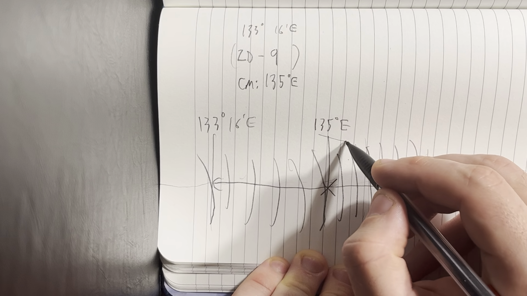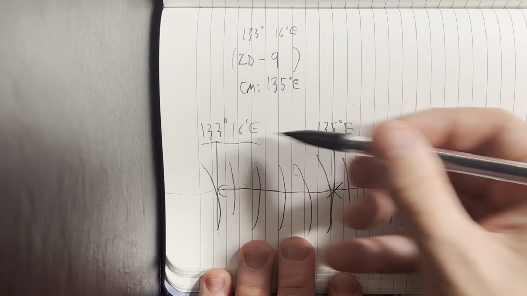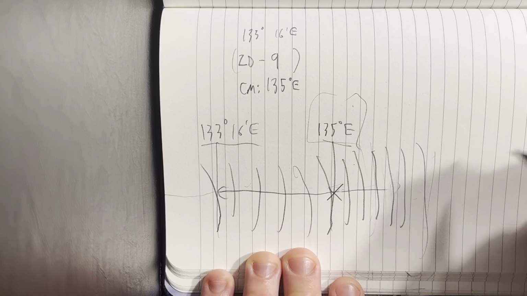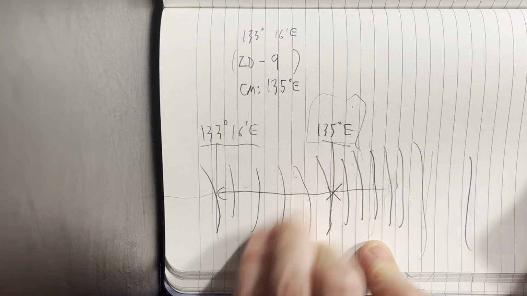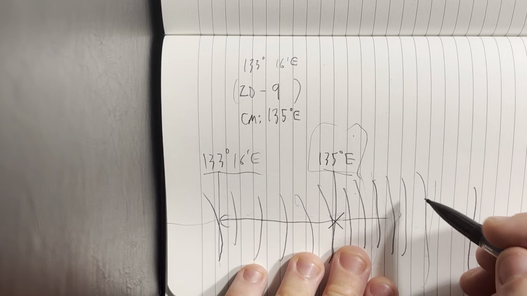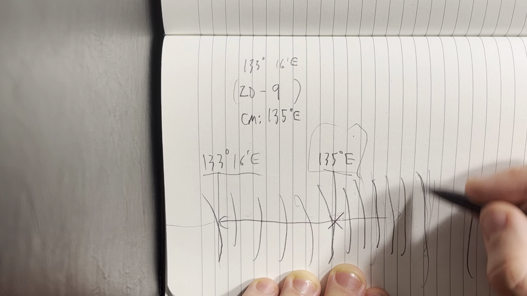Here's 135 degrees. Here's 133 degrees. So we are west of our central meridian, and I'll just draw that out again. Whatever. Sunset is first going to hit around here.